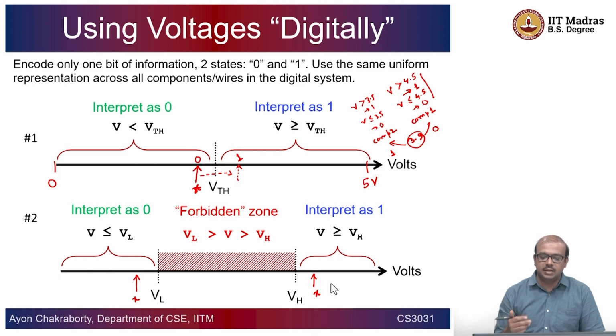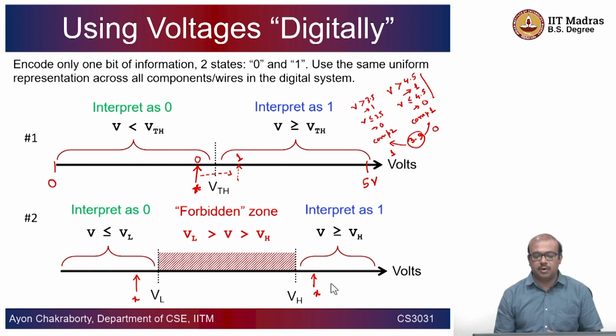You can have as many states as you feel like. In this case, we have shown 2 states because we wanted to express only one bit of information, but you can also have multiple such threshold levels, and that can be used to determine multiple such states, right?